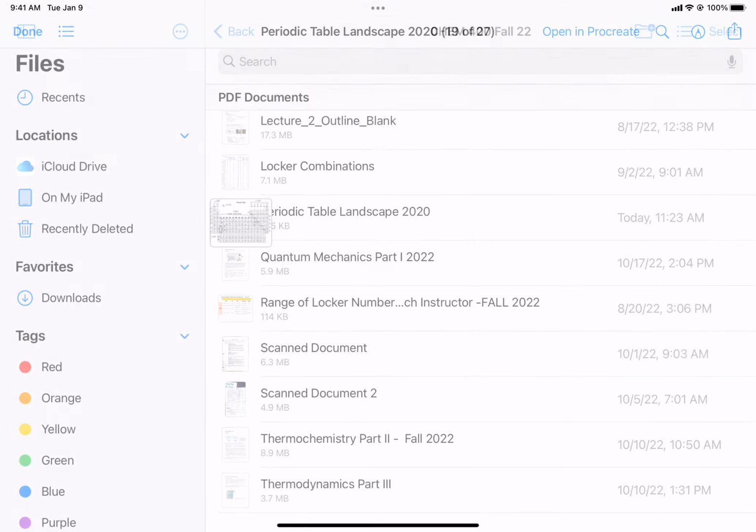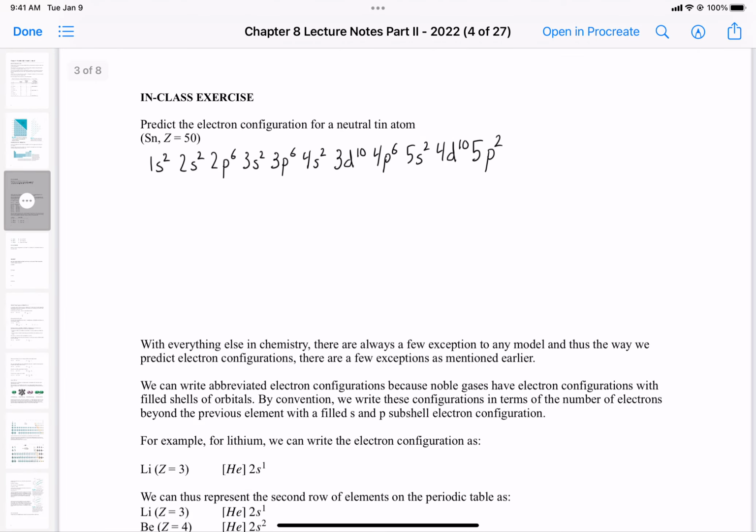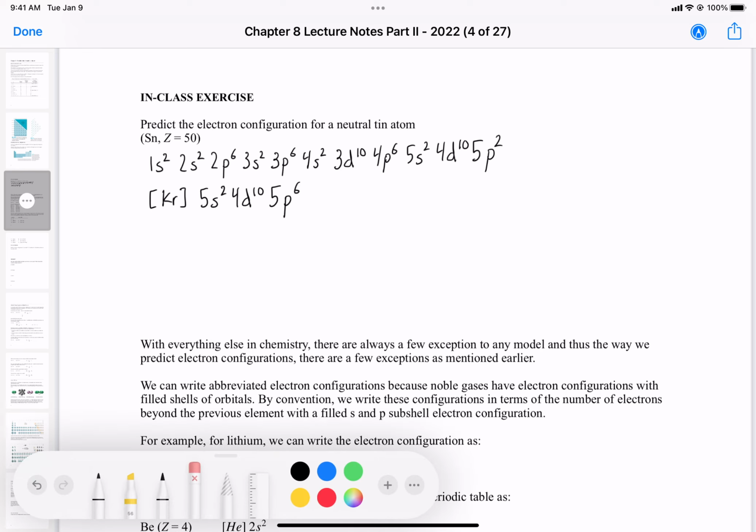So we can abbreviate our electron configuration by saying this has the electron configuration of krypton, which is up to 4p6, and then we could write 5s2, 4d10, and then 5p2.